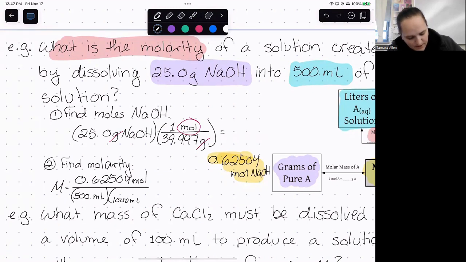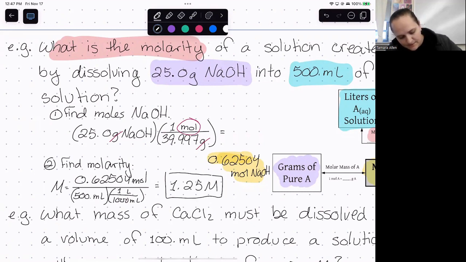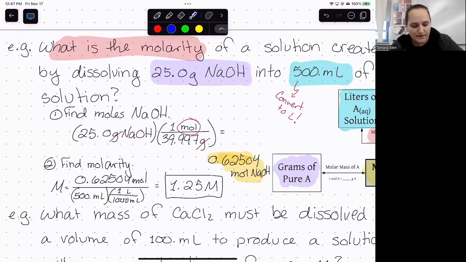We'll divide that by 1,000, since there are 1,000 milliliters in 1 liter, which gets us a grand total molarity of 1.25 molar. So remember, we needed to convert this to liters. This is why we did this little piece down here to get our final answer.